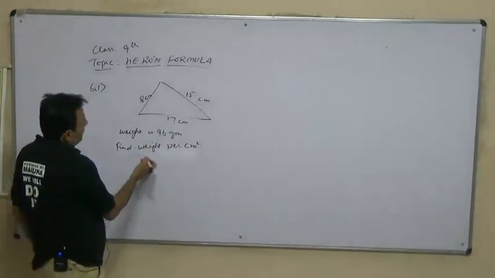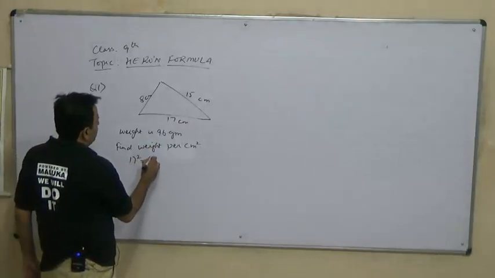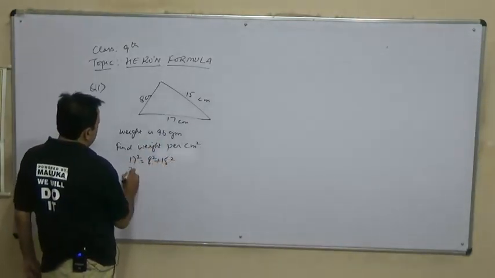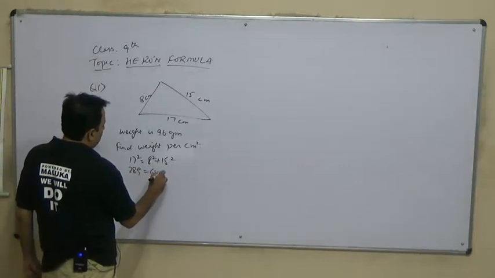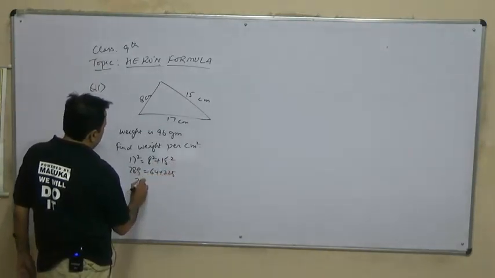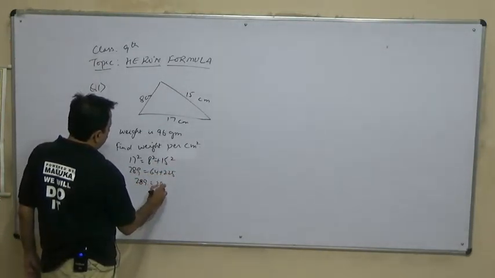Now we know that 17 square is equal to 8 square plus 15 square. This is 289, this is 64, this is 225. So 289 is equal to 289.